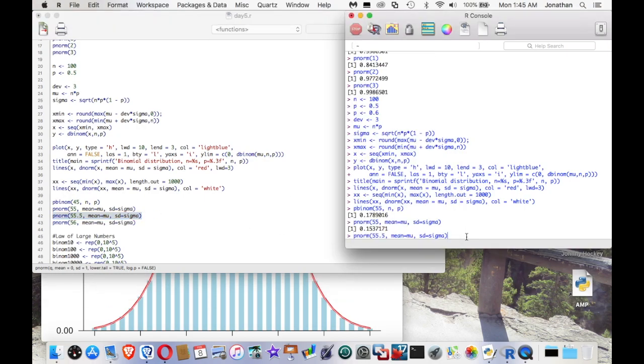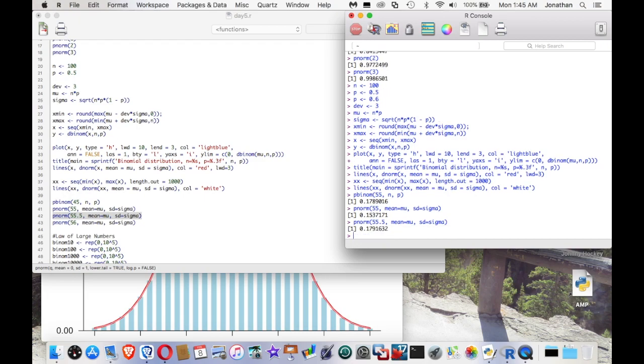But then if we make that continuity correction and we look at p-norm of 55.5, so we get all of the area that is to the left of 55.5, we would get 17.91, which is pretty close to the p-binom value.